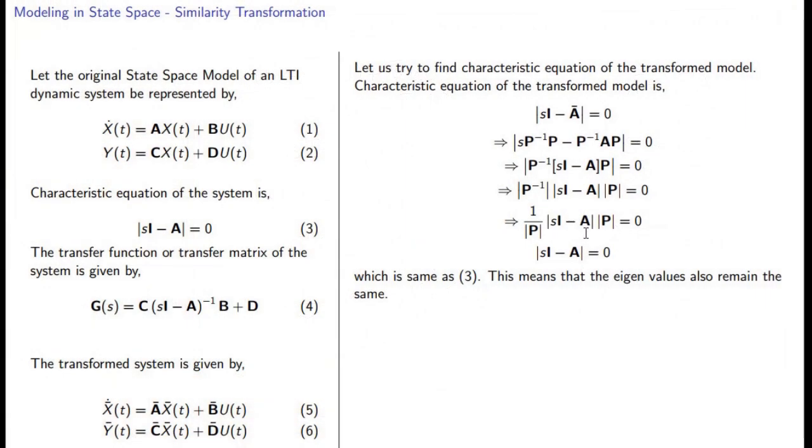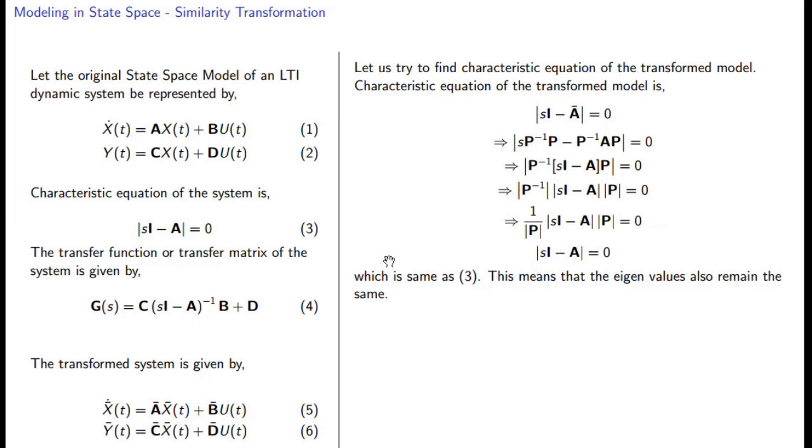Isn't it the original characteristic equation, the characteristic equation of the original system? So even if I use this transformed model and find sI minus A bar, ultimately I am going to get the same characteristic equation as I would get using sI minus A equal to 0.